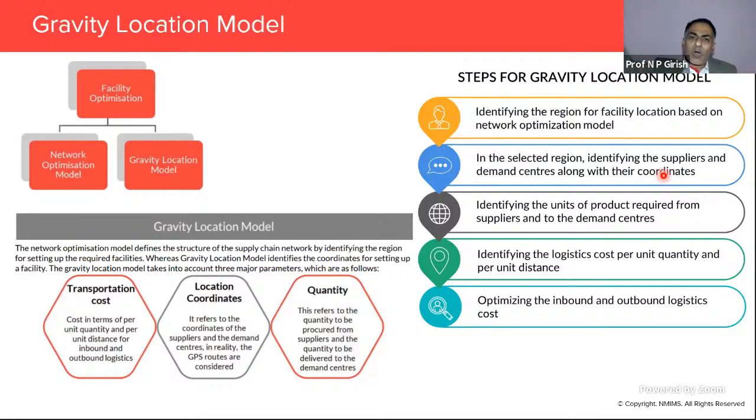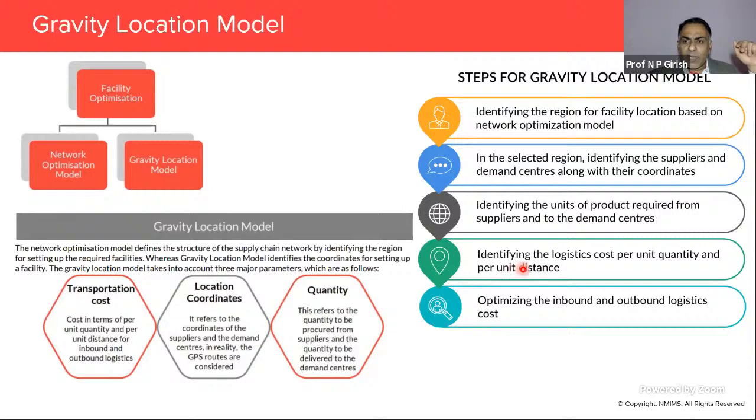Maybe the demand center is already known, but you need to be feeding that in the model as well. When you really set it up, goods are coming from different places and going to different places, correct? So you need to be mapping where are the goods coming from, where are the goods going out to. So based on that, you will get a midpoint. What else?